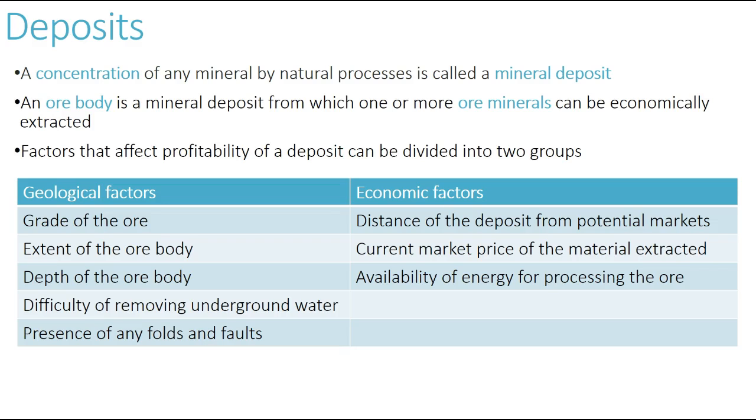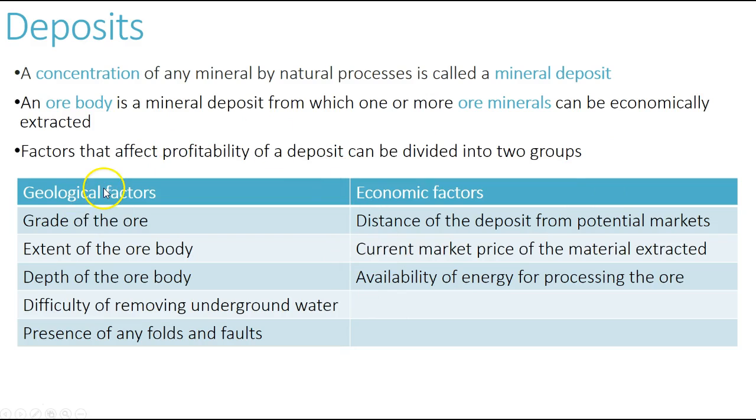If it's not economic to extract that ore or deposit, it's actually not an ore body. It's just a mineral deposit. So there are factors that can affect the profitability of a deposit, and these can be divided into two groups. You've got geological factors and you've got economic factors.